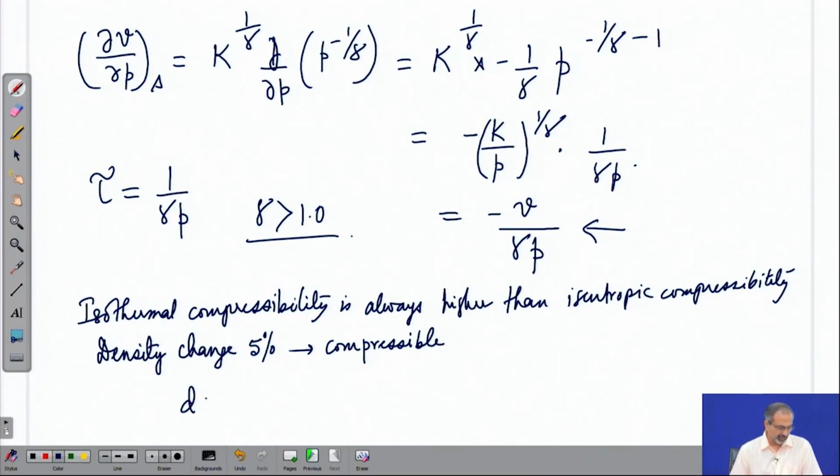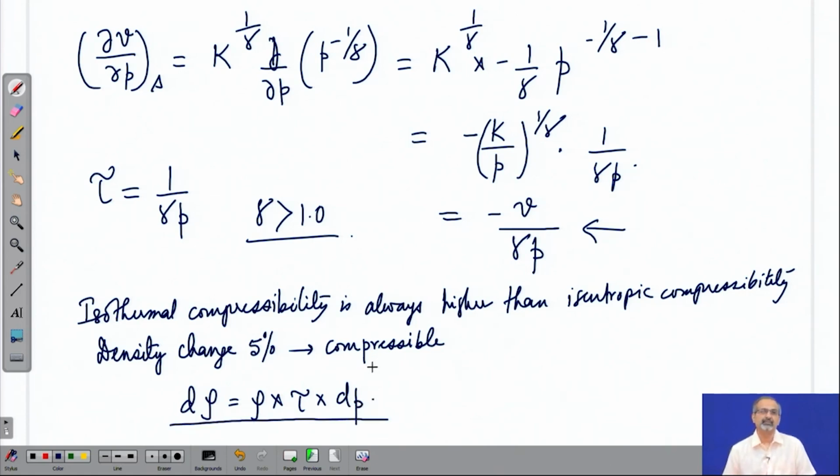Finally, we recall that very important expression which gives us the density change in terms of the pressure change and the compressibility.